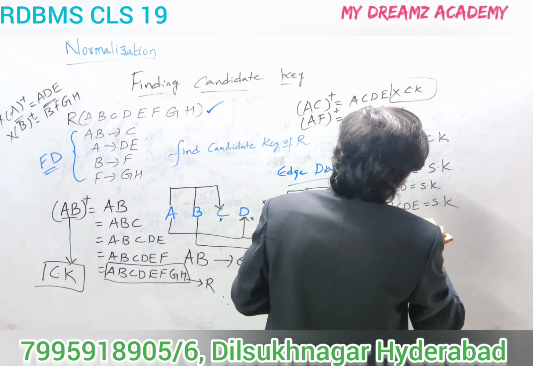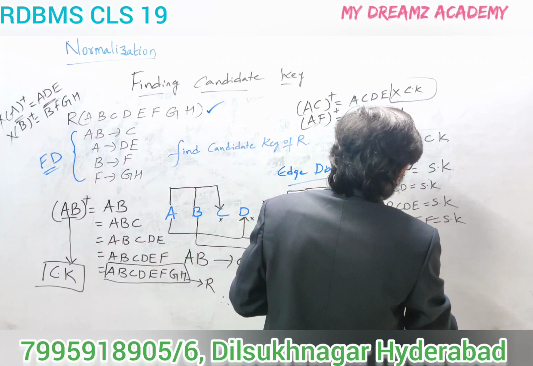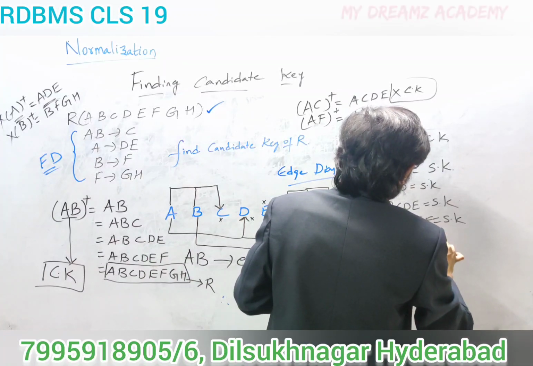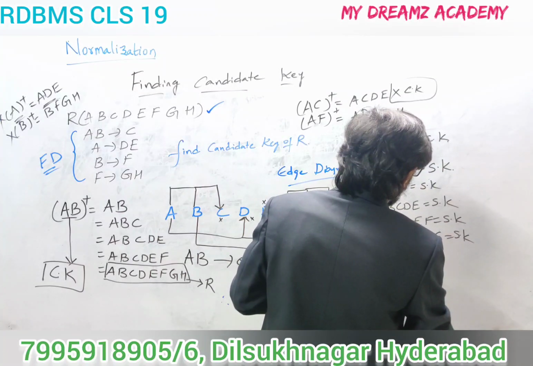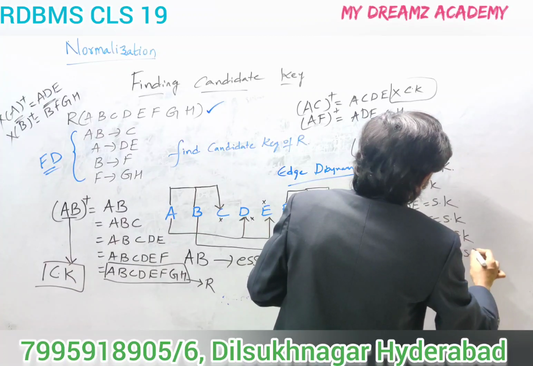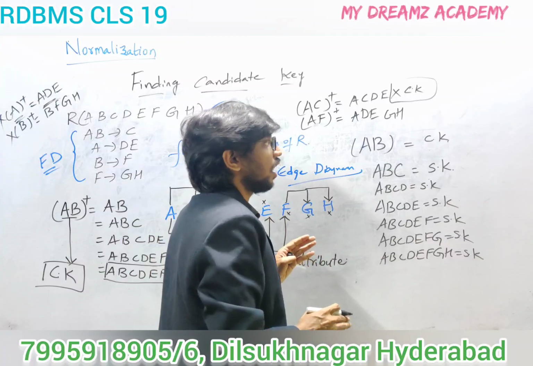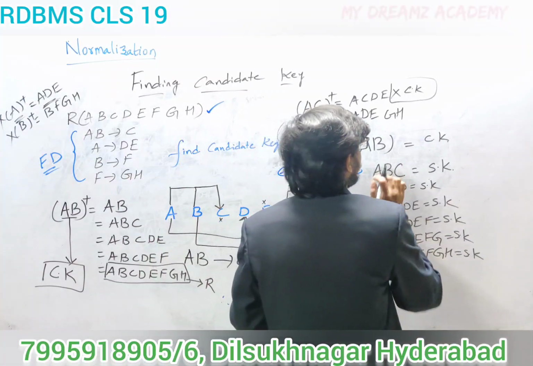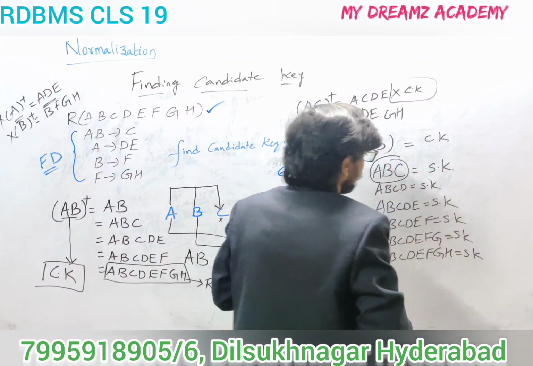ABCDEFG is a super key. ABCDEFGH is a super key, right? Whatever attributes are associated with a candidate key will become a super key.